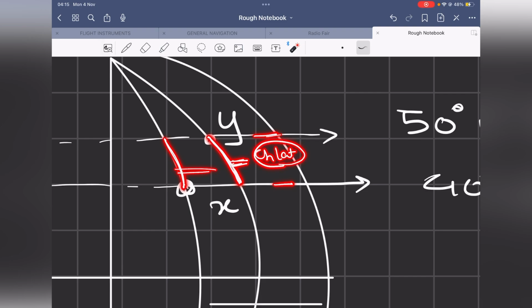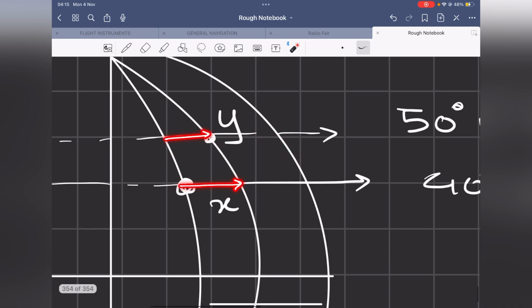So the vertical distances they both travel are going to be the same. The only difference will come from their horizontal legs. Knowing that the meridians converge, B is going to travel a much shorter distance horizontally to reach 065, whereas A has to travel much further.